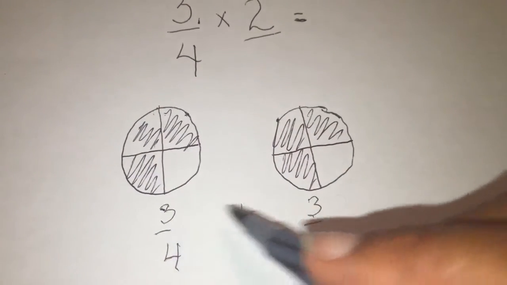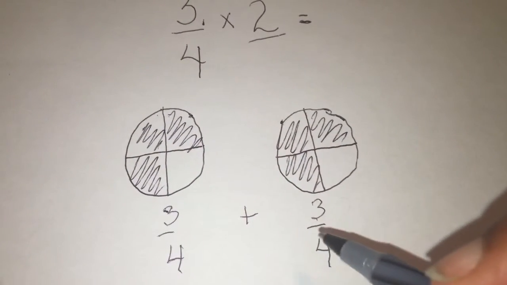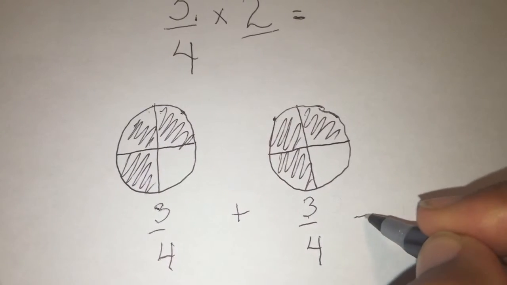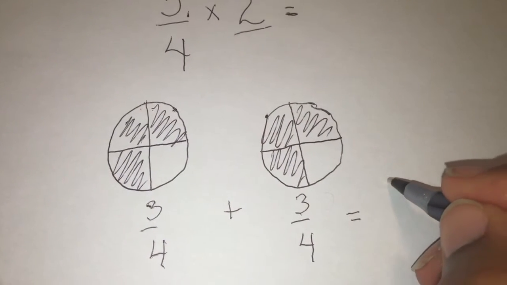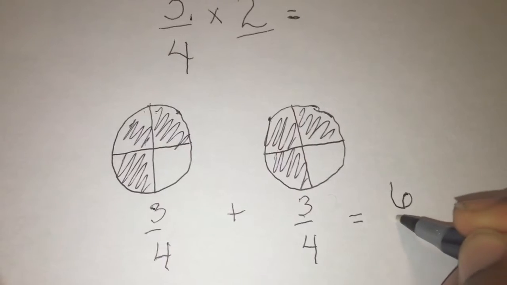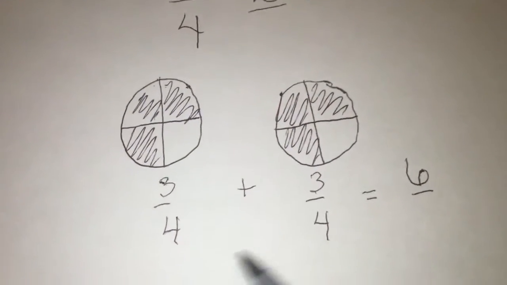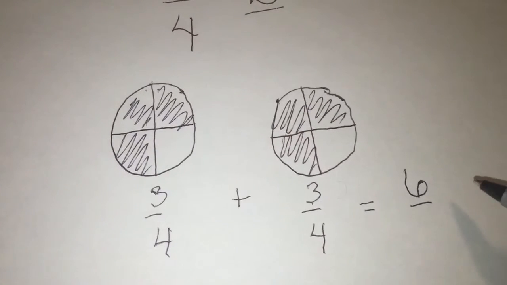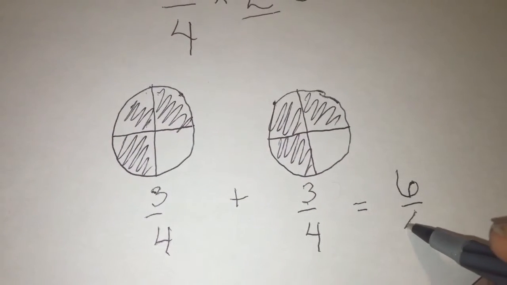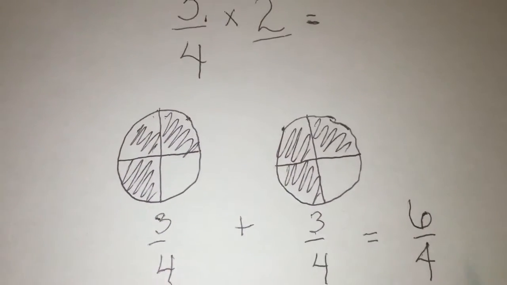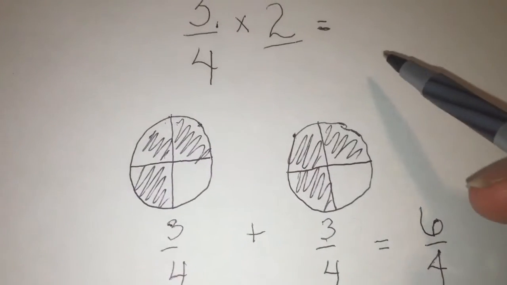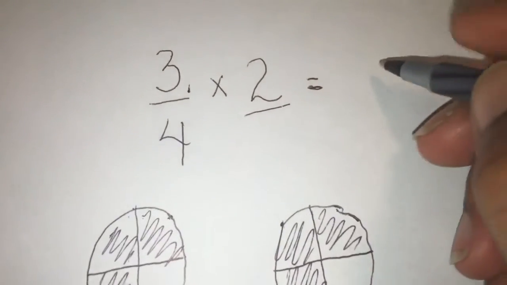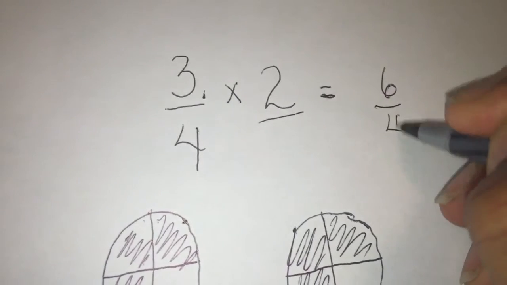I'm going to add my numerators up. 6. And we know we can never add denominators, right? Adding denominators, no good. So I'm going to just use the same denominator. This is the answer for my problem, 6/4.